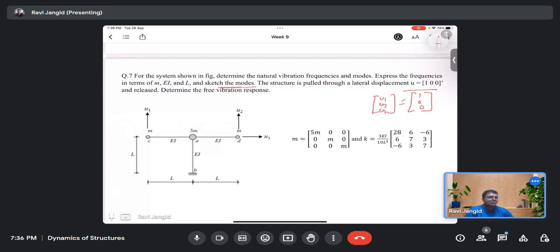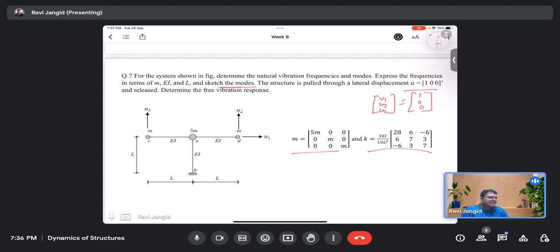Because to develop a stiffness matrix, it is developed through the flexibility matrix, and then we need to convert it. So in this question we provided you the flexibility, the stiffness matrix, and the mass matrix. Using that you can find out the mode shapes, and then you can find out the free vibration response.